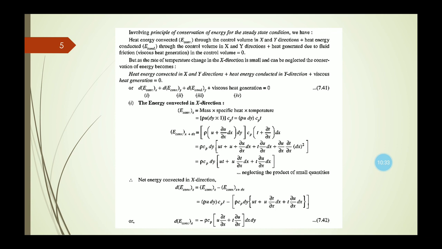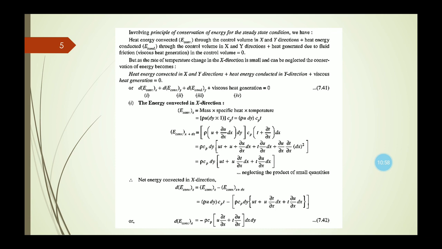But as the rate of temperature change in the x direction is small, it can be neglected. In that case, the conservation of energy becomes: heat energy convected in x and y direction plus heat energy conducted in y direction plus viscous heat generation equals 0.